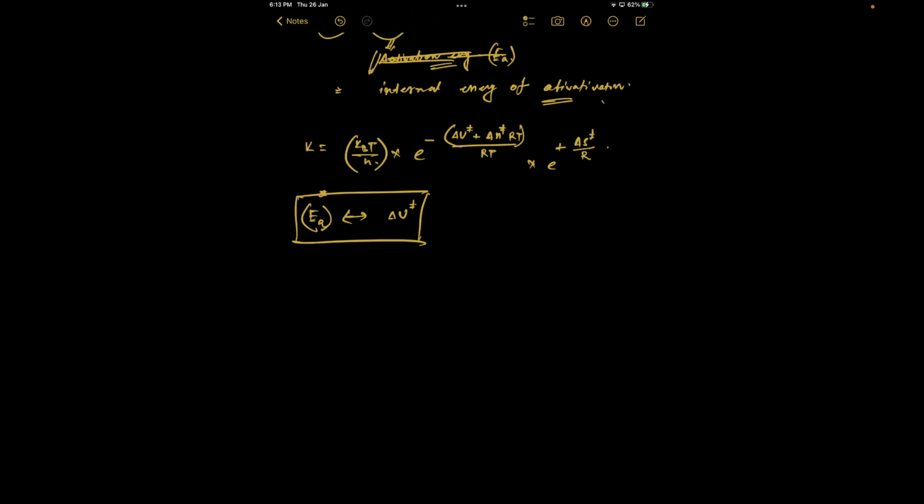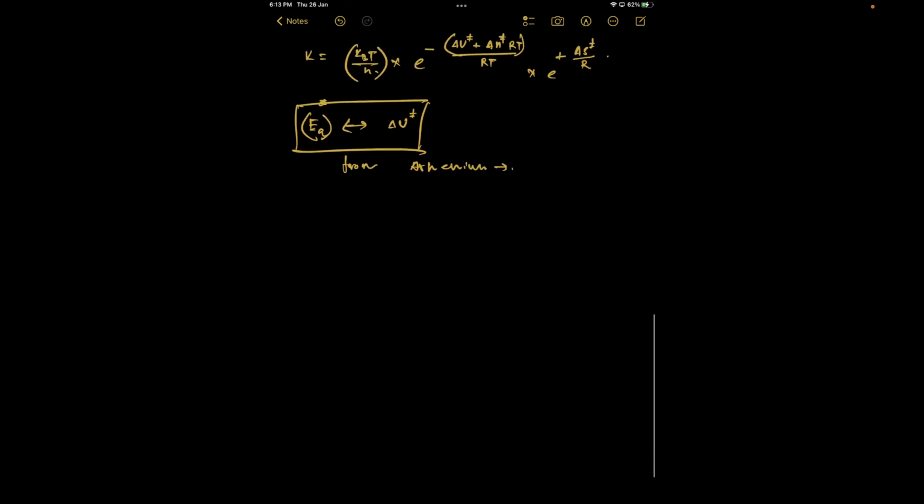So from the Arrhenius equation we can write it. You don't have to remember all these equations. From the Arrhenius equation we know that the rate constant equals some pre-exponential factor times exponential minus EA by RT.